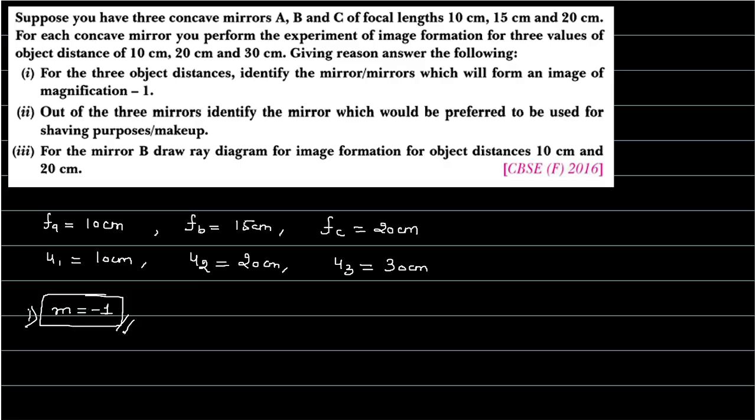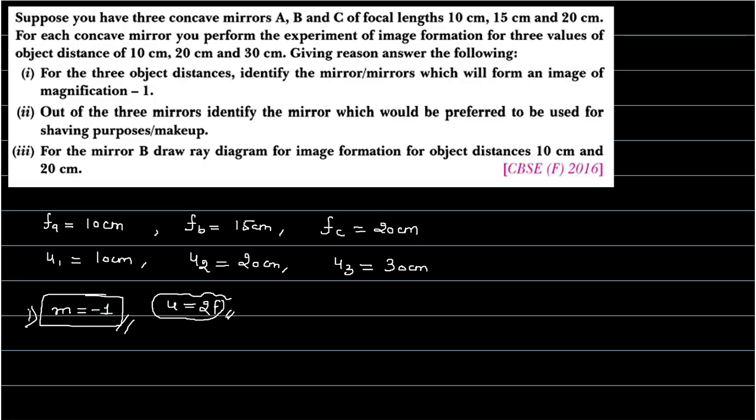That means the object should be placed where? At the center of curvature. Because m equal to 1 means we are getting the image of the same size as the object, right? That means u should be equal to 2f.